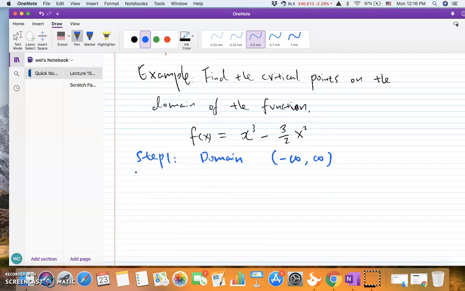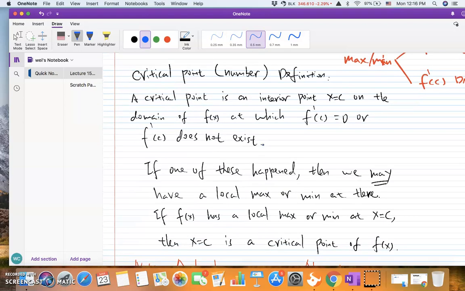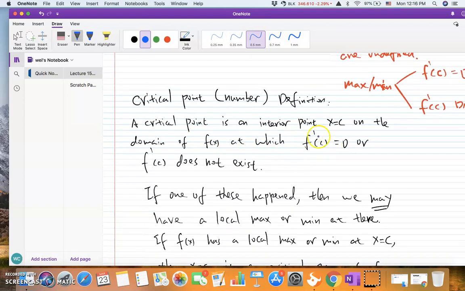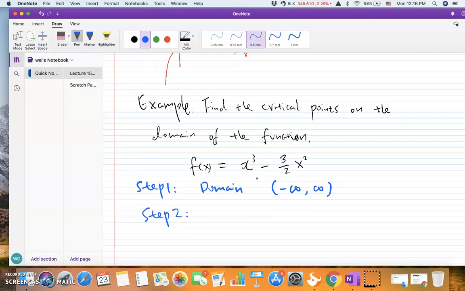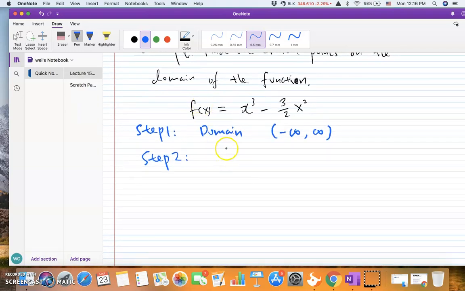Now, in step 2, we're going to take the derivative of this function, because according to the definition, the critical points are the points where the derivative equals zero or the derivative does not exist. So to find those points, we first need to know what the derivative looks like.